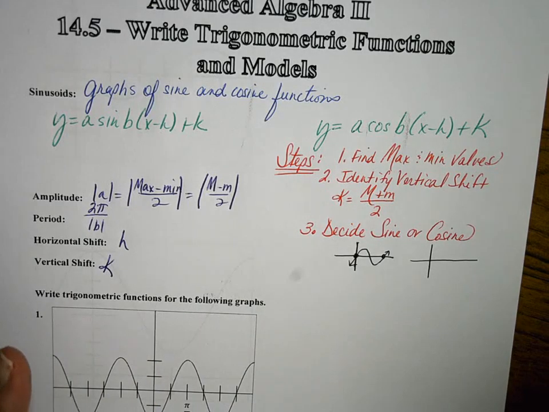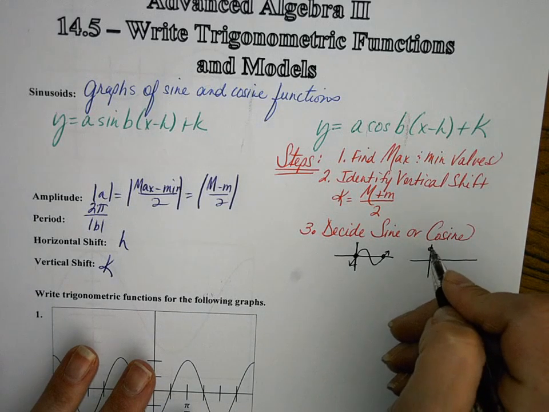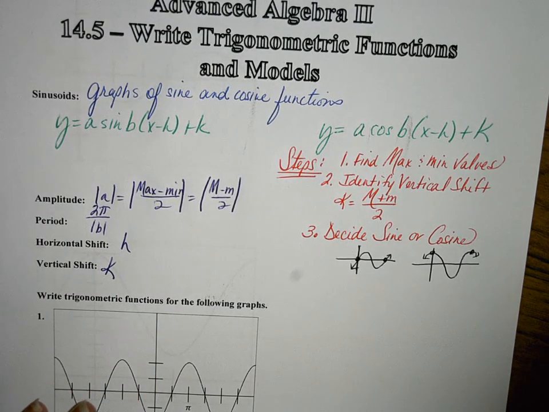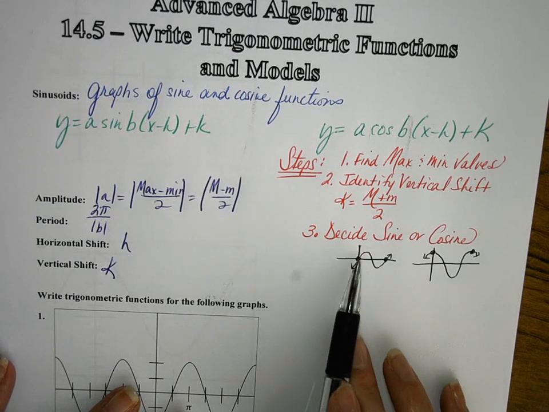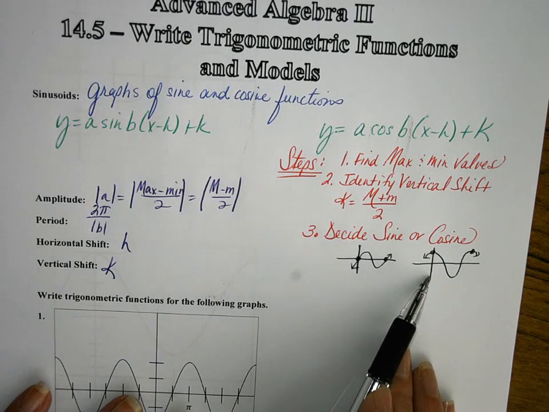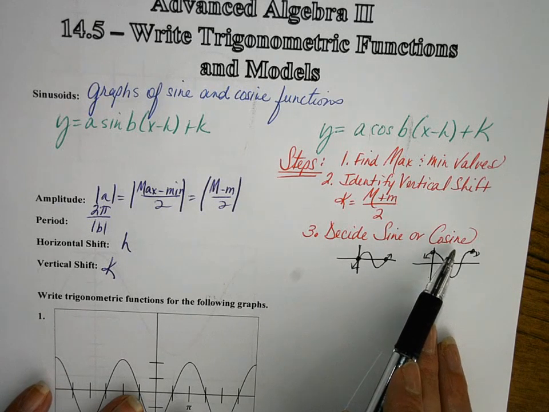Either at the maximum or if it's reflected, it will start at the minimum. It'll go all the way to the minimum and all the way back to that maximum for the first cycle. Now, I need to look at my graph and figure out if it's going to be a sine graph or a cosine graph. If it starts in the middle of that graph, it's going to be a sine graph. If it starts at the top or at the bottom, at the maximum or the minimum, I'm going to write it as a cosine graph.